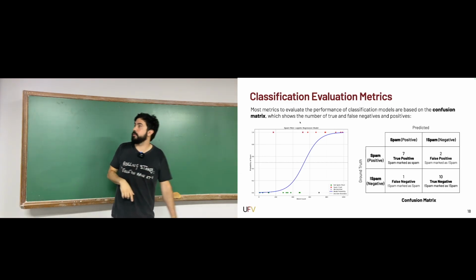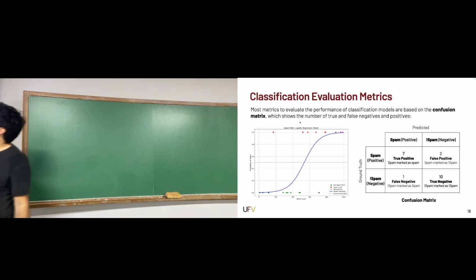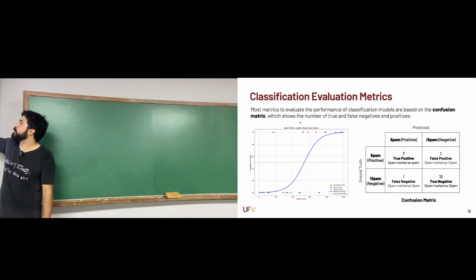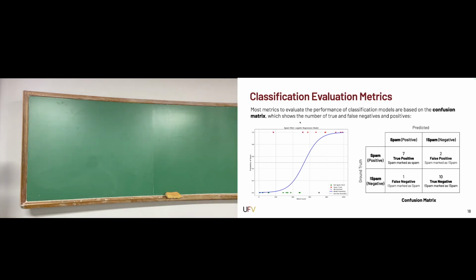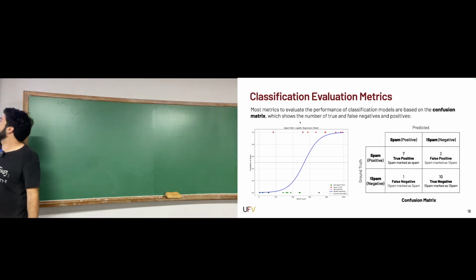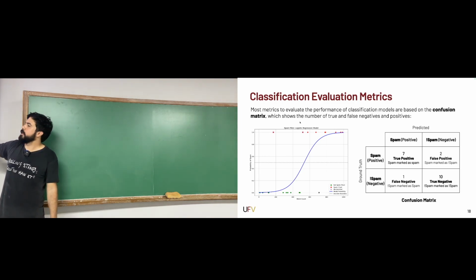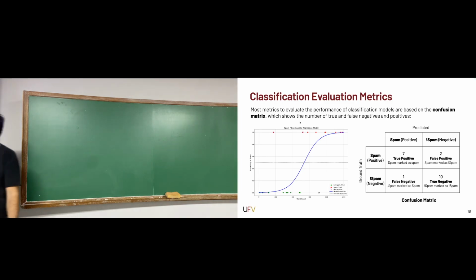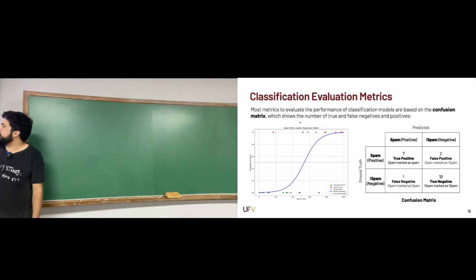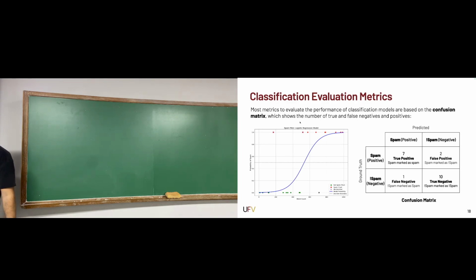So I have 20 points. These 2 points here that you see, there's a little X in them, are my false positives. They are spams, so they have value 1, but my model predicted them as not spams. And this single one here is the false negative. It is a not spam, but my model classified it as a spam.